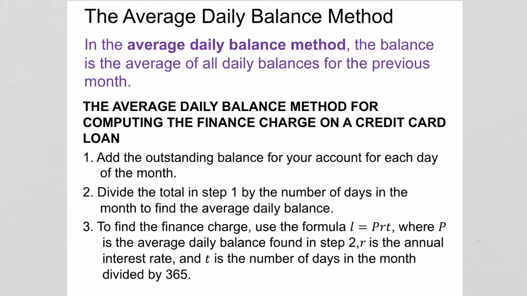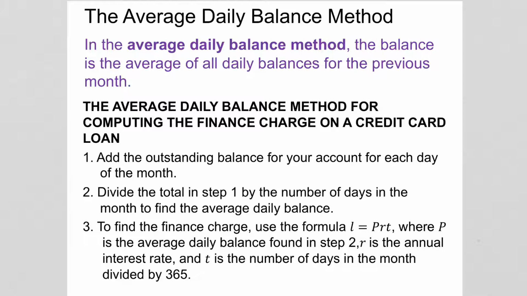The average daily balance method, the balance is the average of all daily balances for the previous month. So it can change day by day. So here's how you do that. Add the outstanding balance for your account for each day of the month.